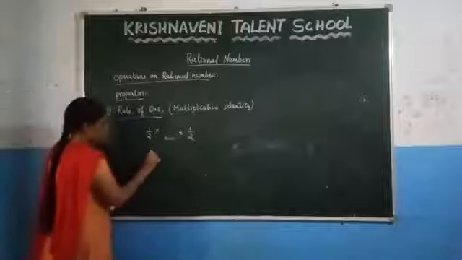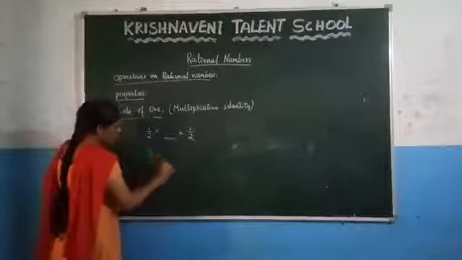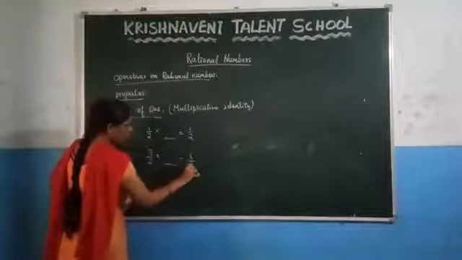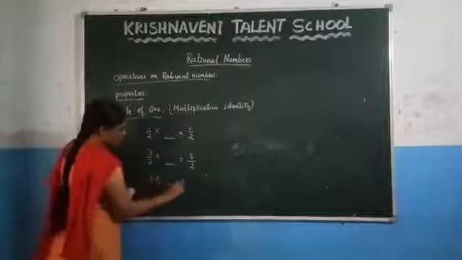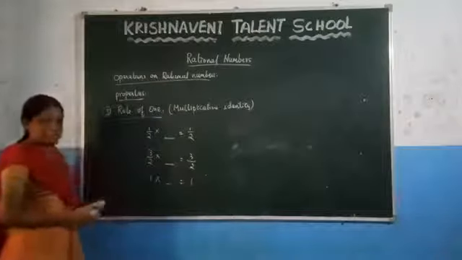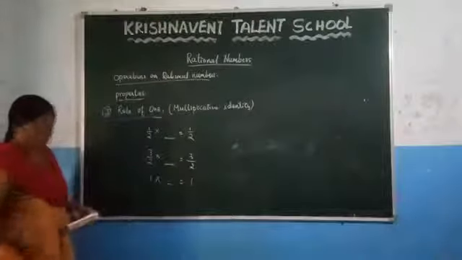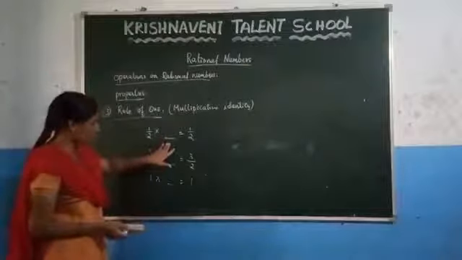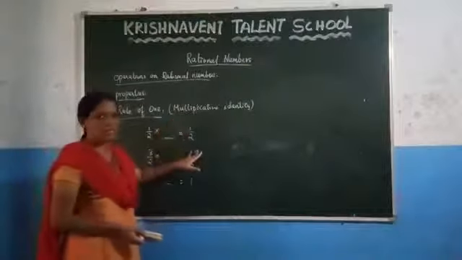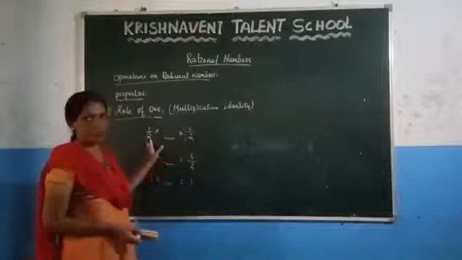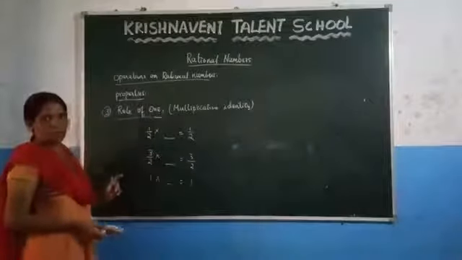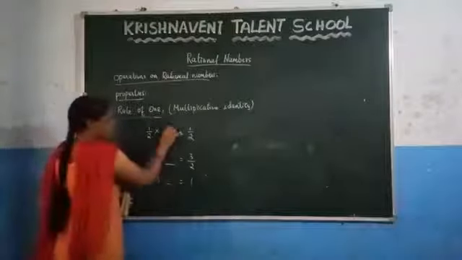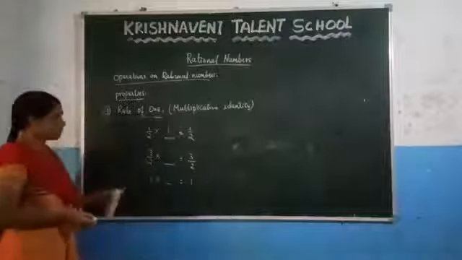Consider one more example: 3 by 2 into something, you have to get the same number. So what does the role of 1 state? If you consider any rational number, you have to multiply by one number such that you get the same rational number as the result. What is that number? Clearly you can observe that such a number is 1.